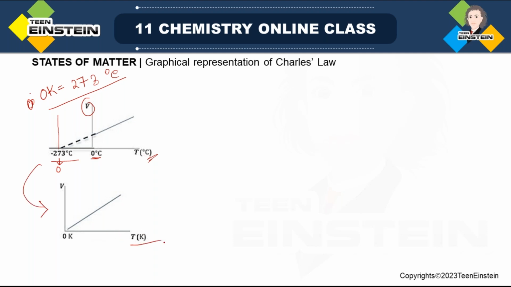Now temperature is in the Kelvin scale, not degree centigrade. So in this way it can change also. Okay. So now 0 is our starting point. We have just shifted this line. That is the only difference.